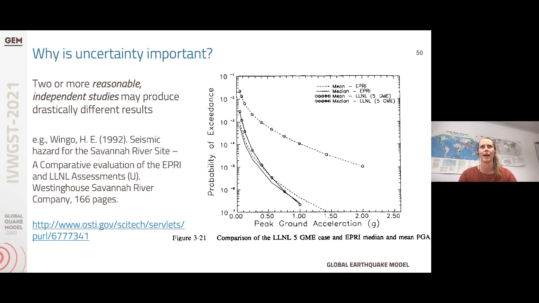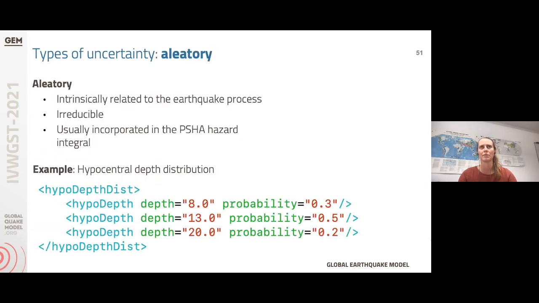And so in light of this, we can look at the two different types of uncertainty that have to be considered when these choices are being made. And the first is aleatory. And this is the type of uncertainty that's intrinsically related to the earthquake process. So that means that we actually expect this, we expect to see a range of outcomes for a certain source, for a certain ground motion.